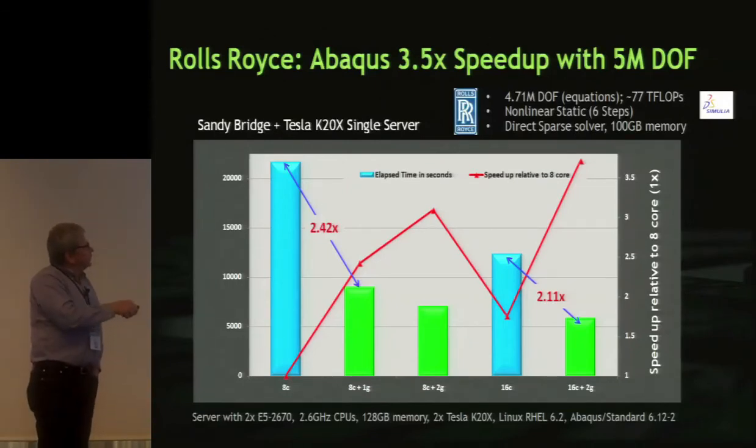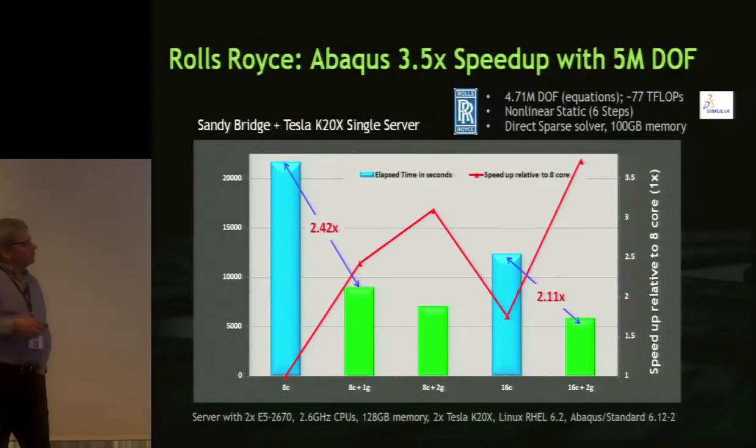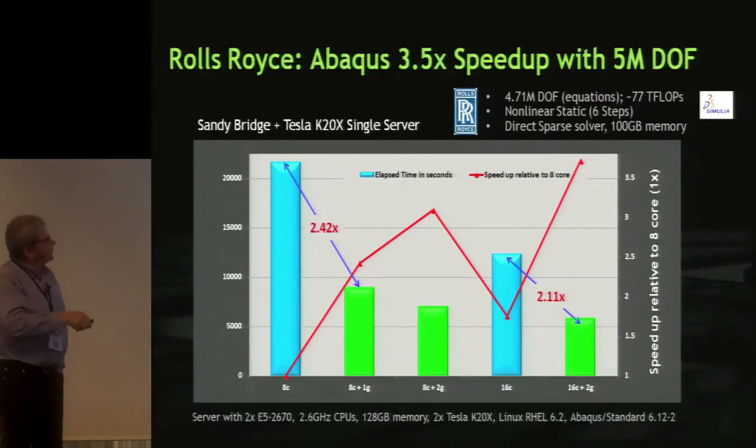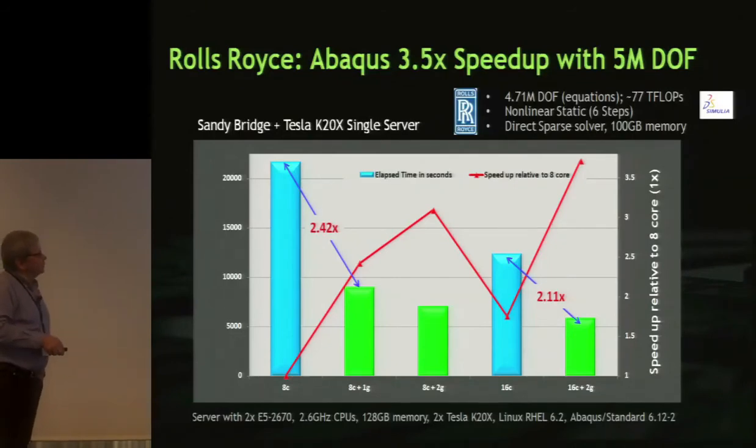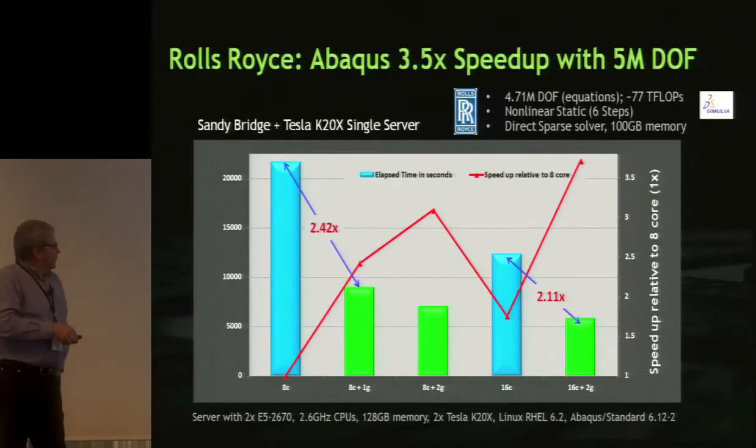So with 16 cores, so with one node with 2 sockets, you see here it's maybe 21,000 to 12,000 or 13,000 around, so nearly a factor of 2 with a GPU version, but with 16 cores and 2 GPUs you get another factor of more than 2.